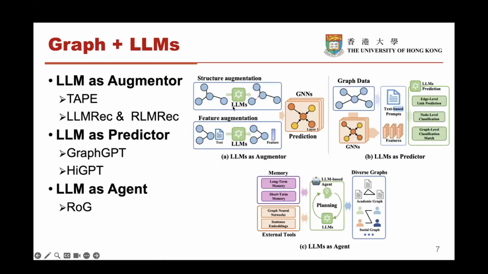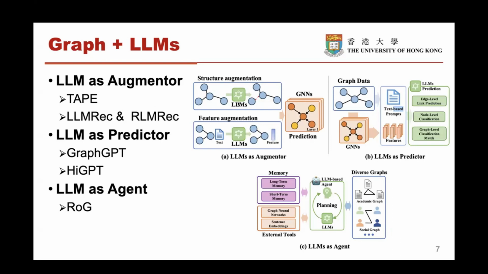So the graph plus LLM techniques can be broadly divided into three main classes. The first one is LLM as augmenter, the second one is LLM as predictor, and the final one is LLM as agent. LLM as augmenter methods utilize LLMs to enhance the original graph data or other downstream data like social recommendation data by leveraging the global knowledge inside the language models.